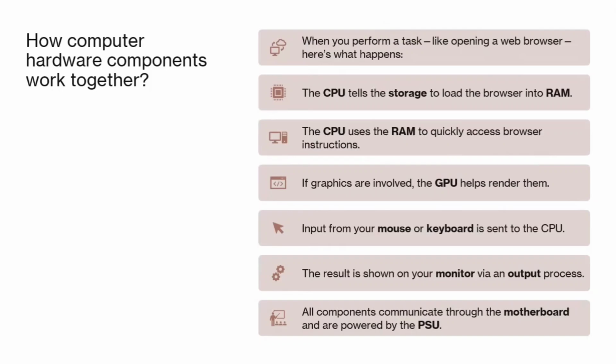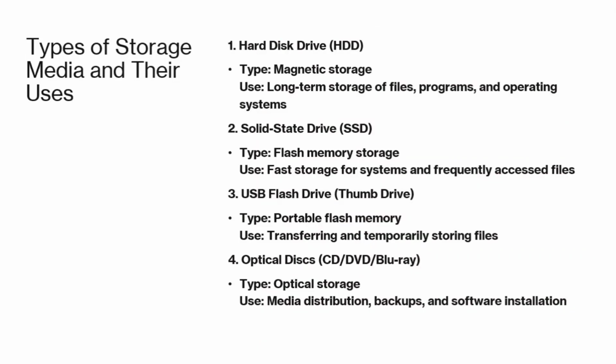The result is shown on your monitor via an input-output process. All components communicate through the motherboard and are powered by the PSU. Now we are going to see the types of storage media and their uses.